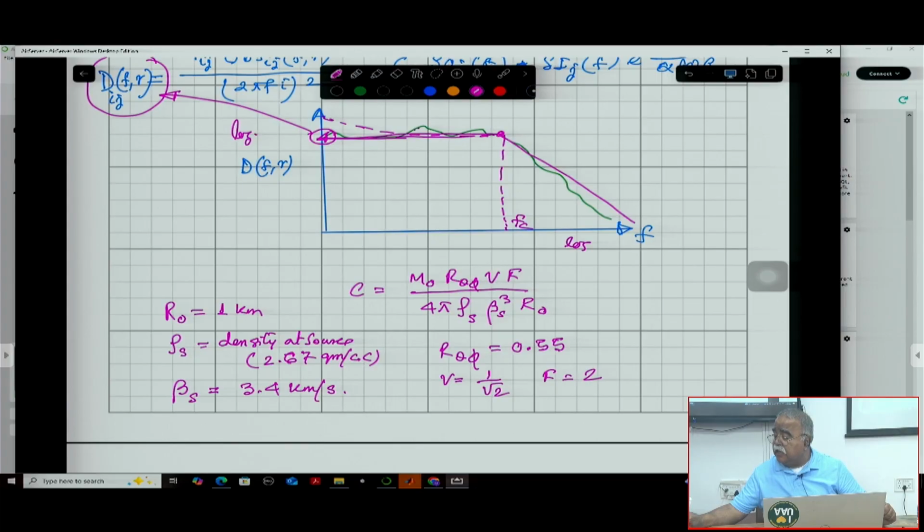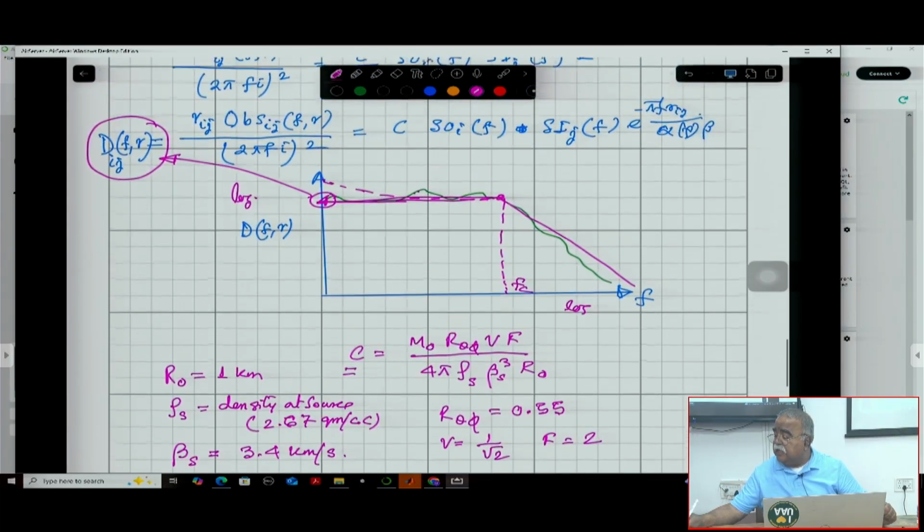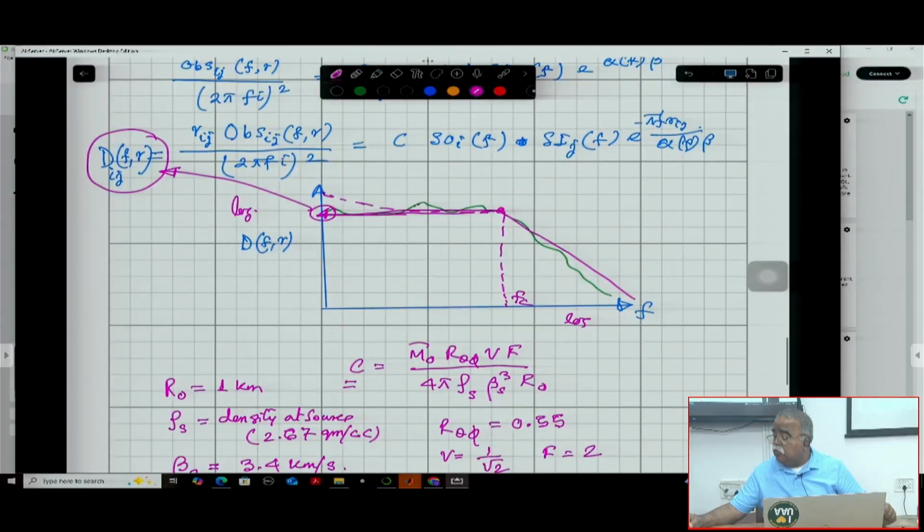So compute the C value, and from that C you do not know this number. This part is your source part, so you can calculate from here by multiplying this thing and calculate the value of M0.